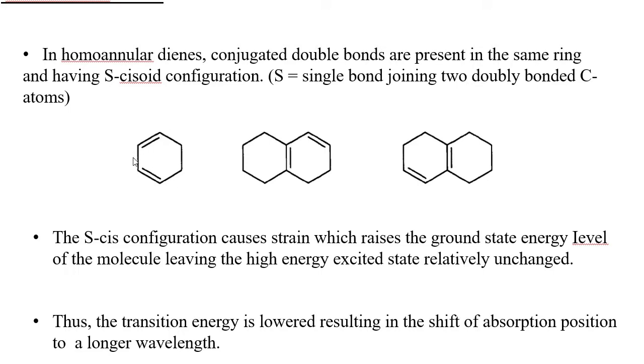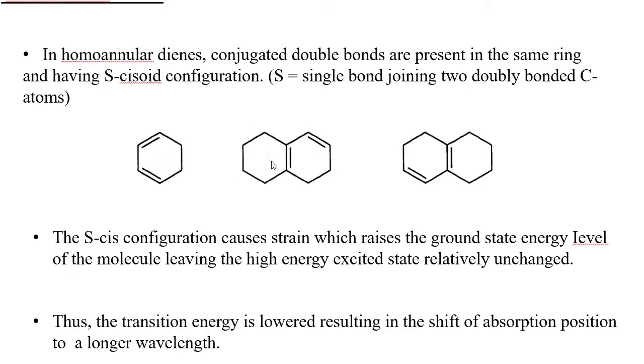As I have discussed, S-cis means a single bond joining two doubly bonded carbon atoms. These two are examples of homoannular dienes, in which you can see the conjugated double bonds are present in the same ring.